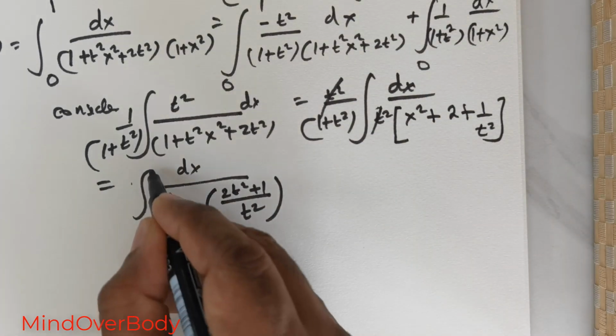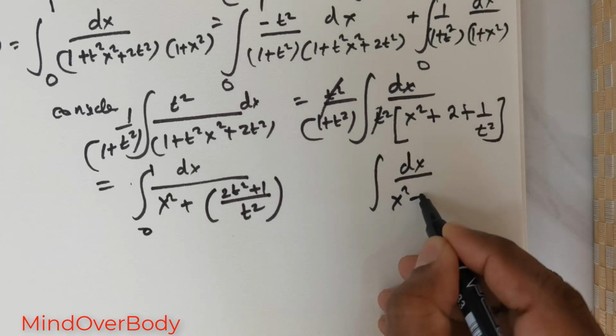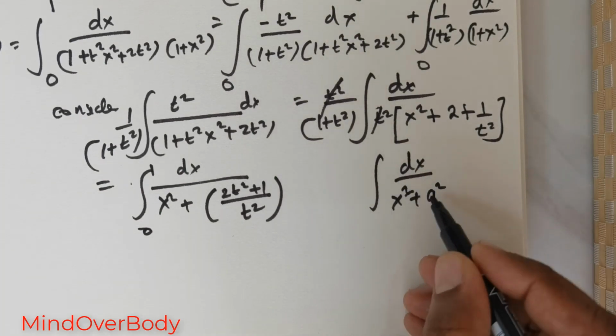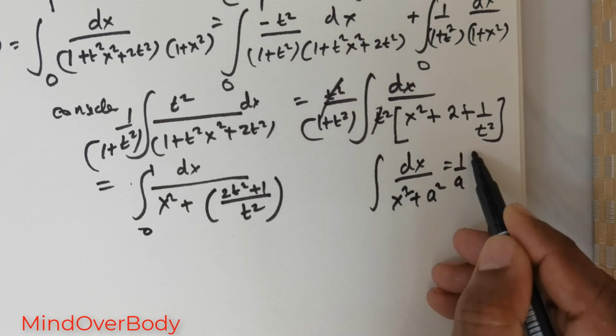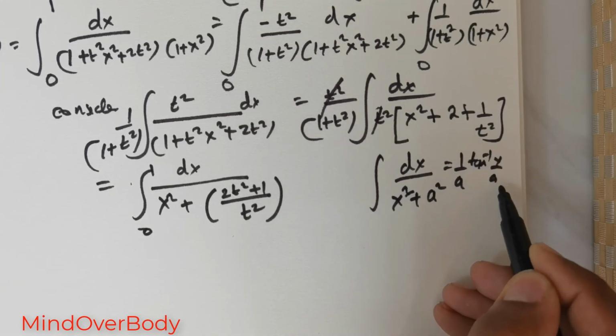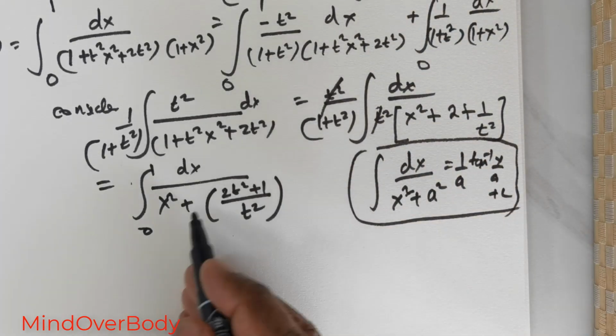Now to integrate this, let me draw your attention to this most popular formula. Integral dx over x squared + a squared is nothing but 1 over a tan inverse of x over a, right? So I would like to apply that formula here.